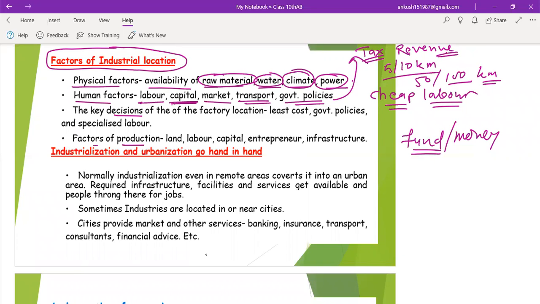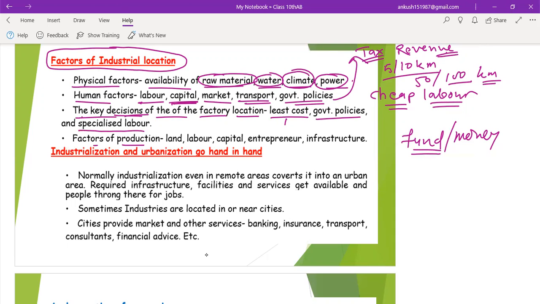These are human factors in the location of industry. The key decision of factory location is least cost. In setting up the industry, it should cost least. Government policies should be in favor of the industrial area, the industrialist, and even the product being produced in that particular industry.